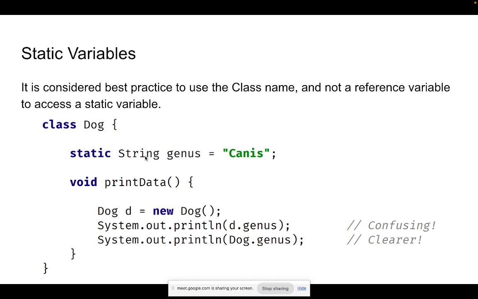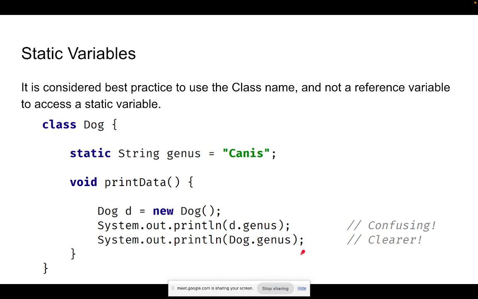For example, if we have a class Dog and you have created a static variable called genus, and then you print the data, and then you create a new Dog object and try to print it. There are two ways to print the same thing, either using d.genus or genus within the class, because it's the same class, or Dog.genus.